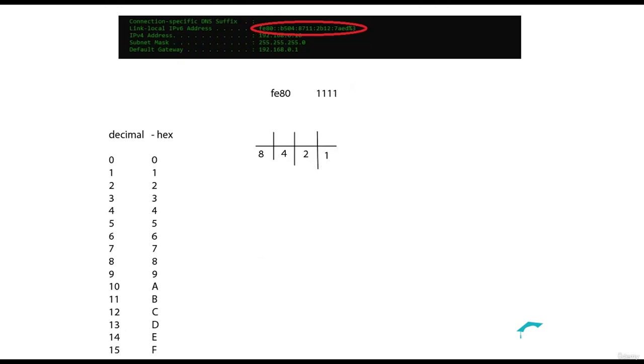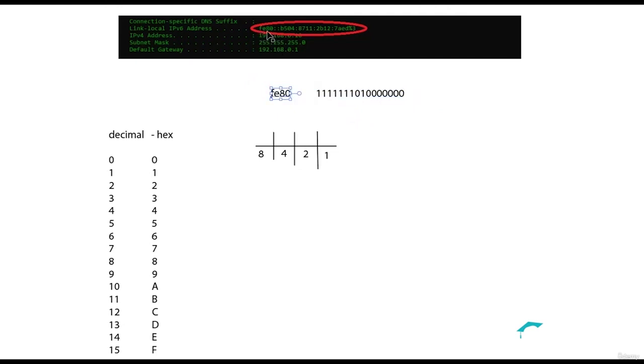Then we have an 8, so that will just be 1, and then the rest will be 0, so that is 1 0 0 0, and then we have a 0, meaning that it is 0 0 0 0. So this value right here is the binary format of these first 4 characters right here.